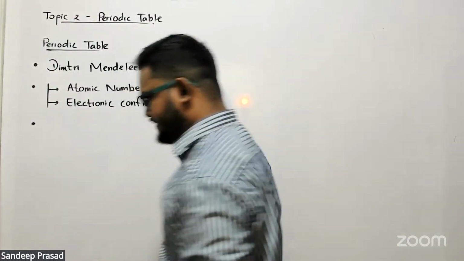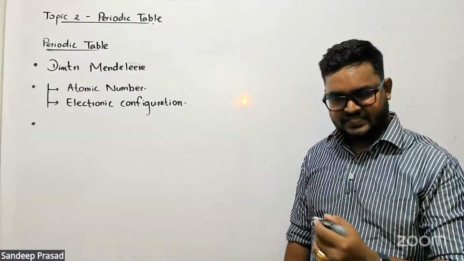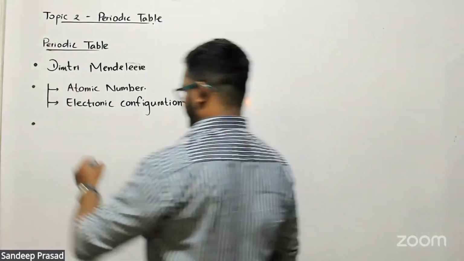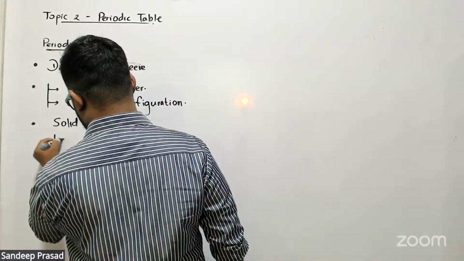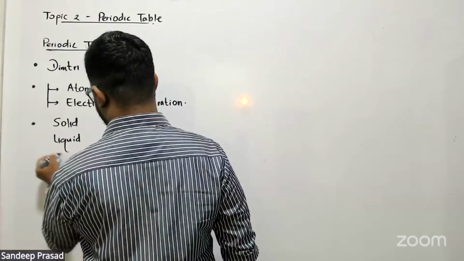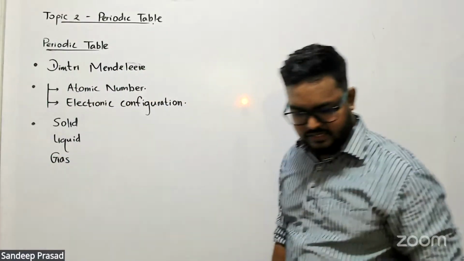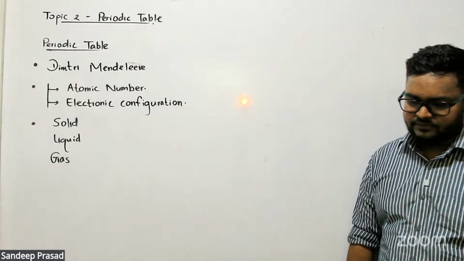When we analyze the periodic table, we know that all the elements in the periodic table can be categorized by physical states: solid, liquids, and gases. So how many liquids are there in the periodic table? When you consider the liquid elements, what are they?